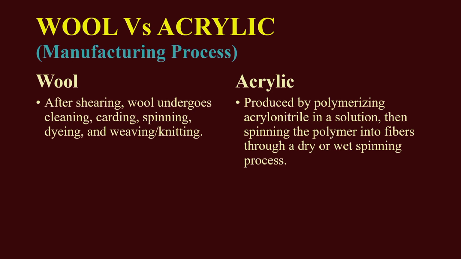Manufacturing process. Wool is prepared after shearing. Wool undergoes cleaning, carding, spinning, dyeing, and weaving or knitting. While acrylic is produced by polymerizing the acrylonitrile in solution, then spinning the polymers into fibers through a dry or a wet spinning process.